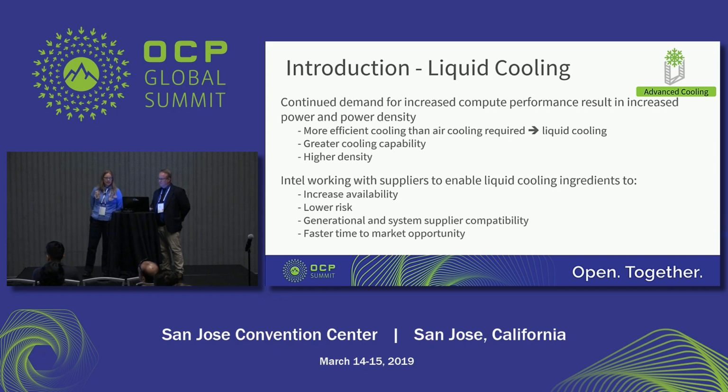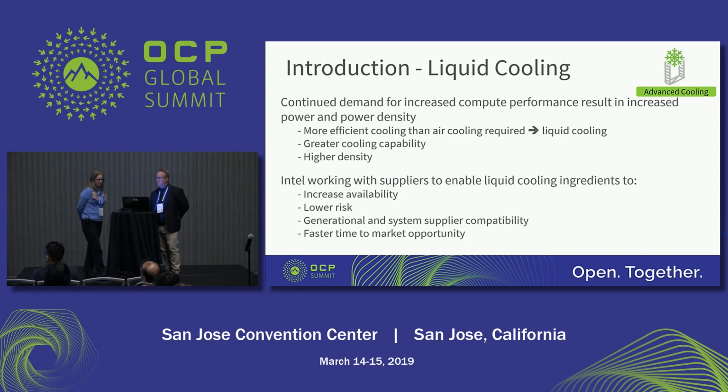So Intel is working then with suppliers to enable liquid cooling ingredients. And why are we doing that, right? We want to be able to increase the availability of liquid cooled ingredients. We want to make sure that the risk is as low as possible when implementing liquid cooled solutions.